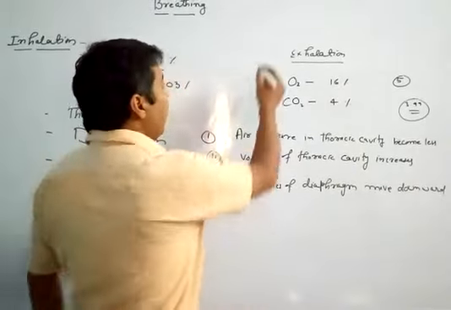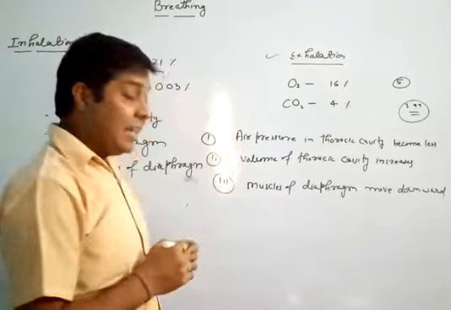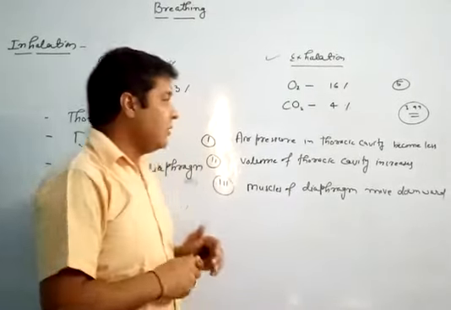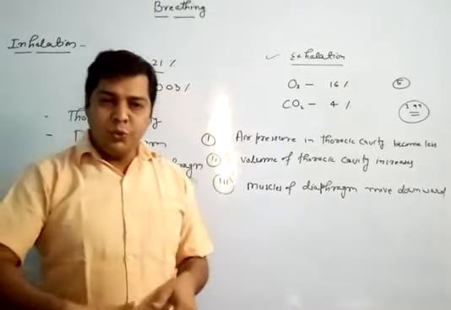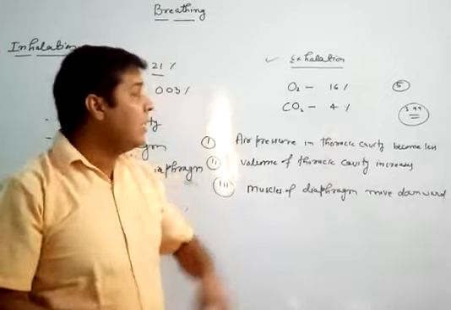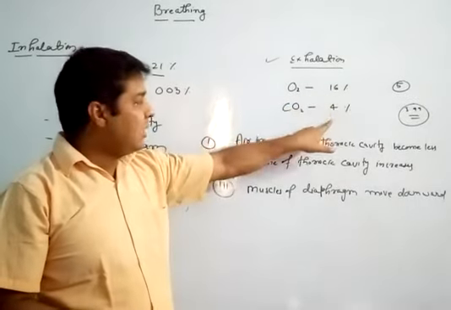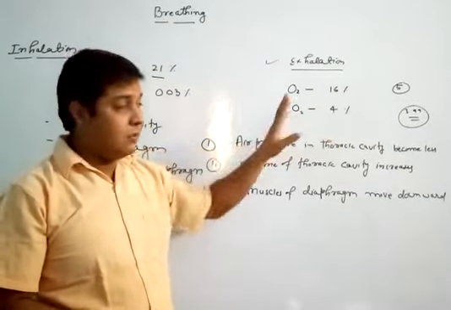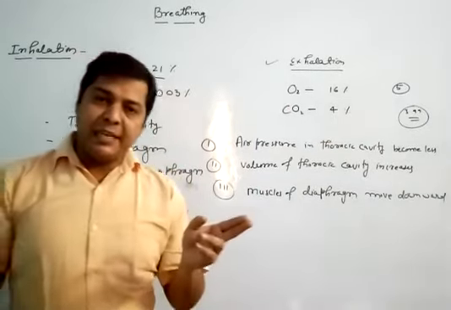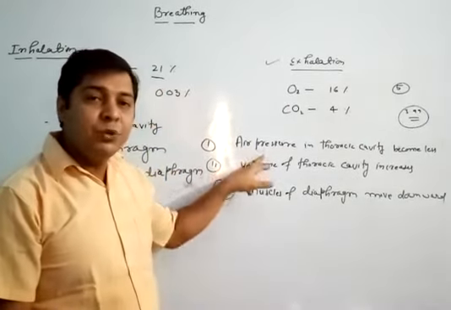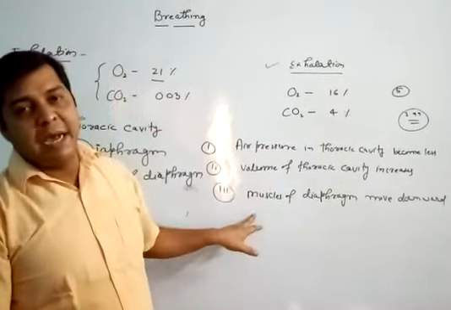Now children, if I am talking about exhalation or expiration, simply, the used air is moving outside the body with 16% of oxygen and 4% of carbon dioxide. So what would be the mechanism? The mechanism is opposite to inspiration.